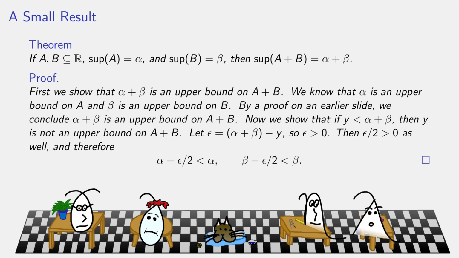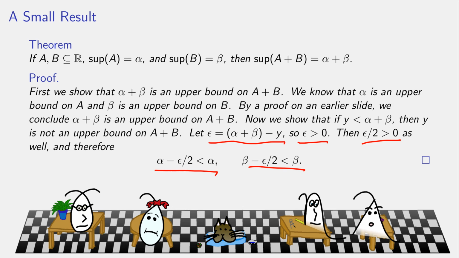So we assumed that y is less than alpha plus beta, which means that I can define epsilon to be alpha plus beta minus y. This is a positive number because y is less than alpha plus beta. So epsilon over 2 is also positive. If I take a positive number and divide it by 2, it's still positive. If I subtract positive quantities from alpha and beta, I make them smaller.